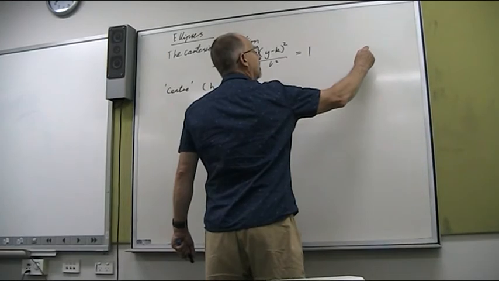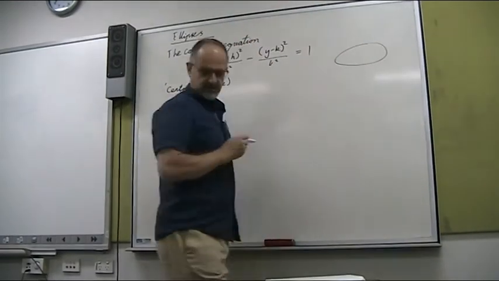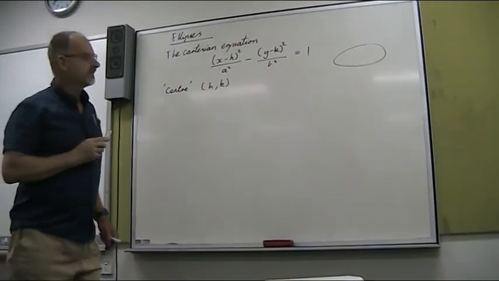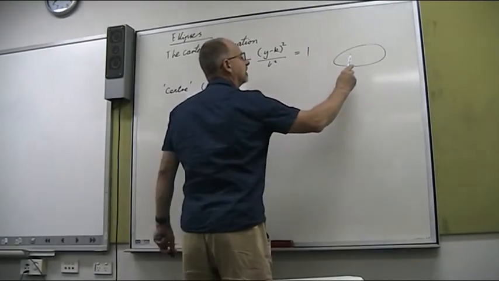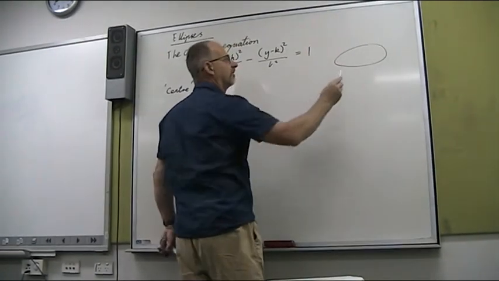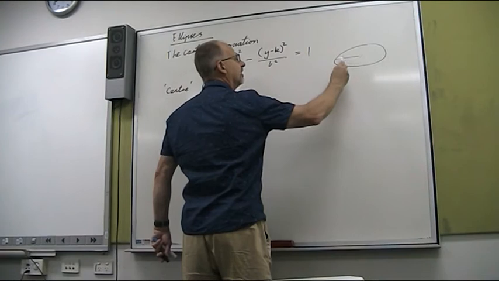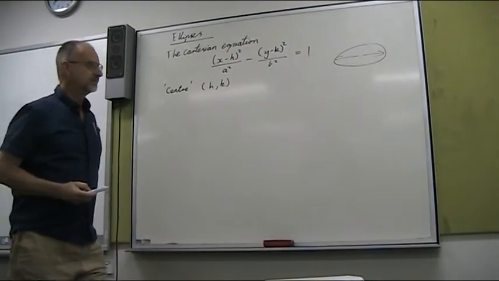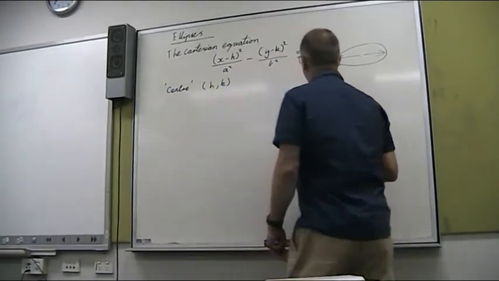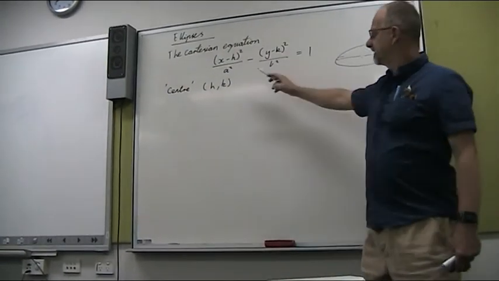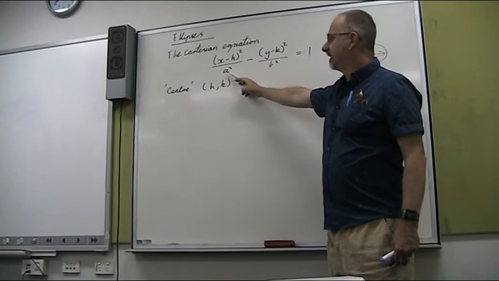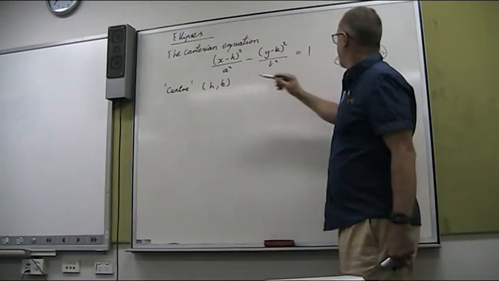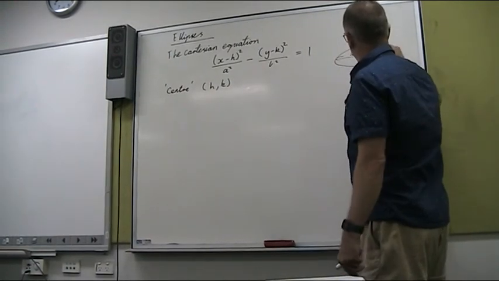So our ellipse is like that. Alright, and then the centre of it will be there, and then we go each way a certain amount. In the x direction, it's this a that will go each way.